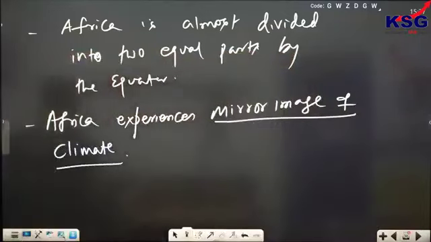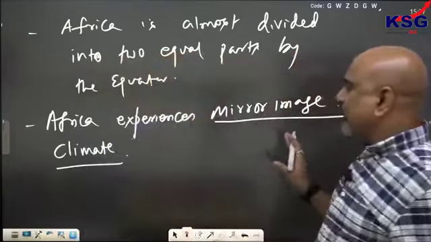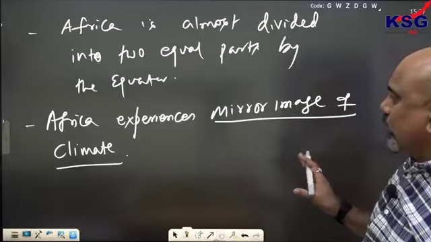अफ्रीका में आपको क्लाइमेट की मिरर इमेज जैसा लगेगा, ऐसे देखेंगे. अफ्रीका एक्सपीरियंसेस मिरर इमेज ऑफ क्लाइमेट, आई सेड. मतलब देखिए आप कैसा है. How it is, I will let you know. Have you written this? See here.